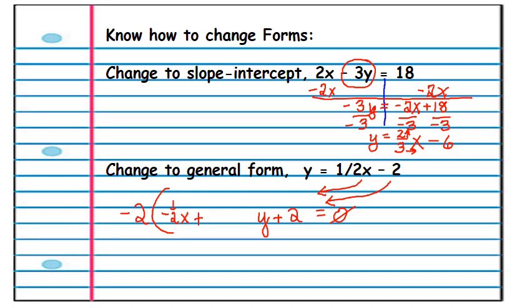Which will give me a positive x, a negative 2y. It's okay for the y to have a negative, just not the x, minus a 4 equals a 0.